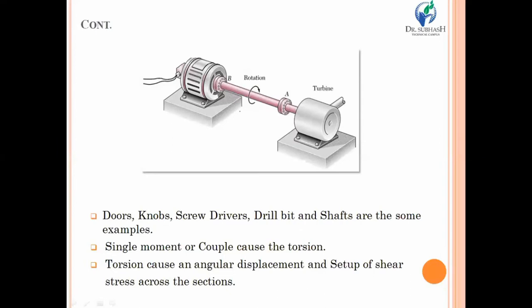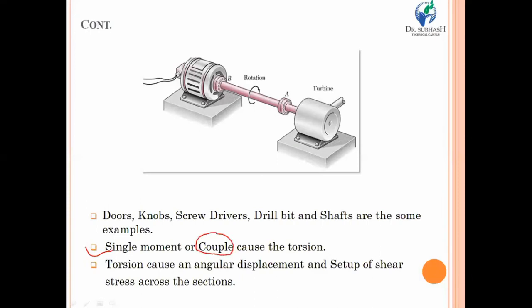Generally, up to this point, you are able to understand the prime condition of torsion, and that is that a twisting moment is required. But a twisting moment or torque is definitely possible with the help of a single moment or couple.